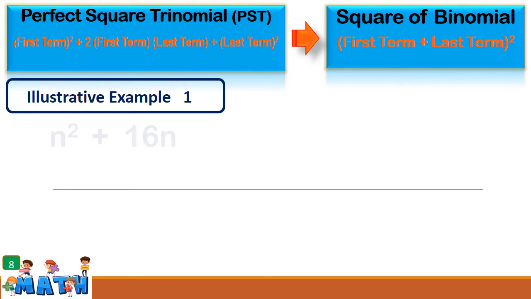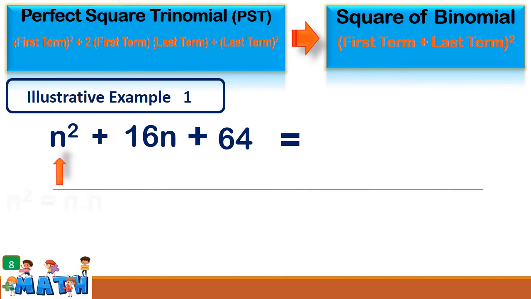Let's try example number 1. So we're going to get the factors of n squared plus 16n plus 64. So what are we going to do? Check whether the first and last terms are perfect squares. So the first term is n squared and it can be written as n times n, and 64 can be written as 8 squared or 8 times 8.